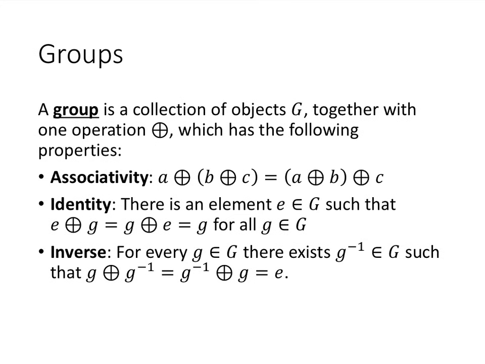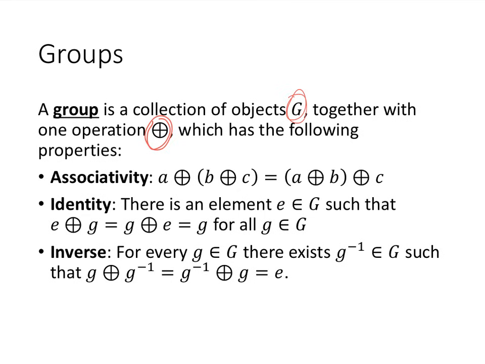So the group is the simplest type of algebraic structure that we're going to talk about, simply because we've got these objects, the set of objects that we're calling G. And then we've got our operation, which I'm calling this sort of plus in a circle. I'm just intentionally using an unfamiliar symbol there, just to indicate that this really could be any operation. It could be addition, but it could also be multiplication, it could be something else. So just some operation, we have to have a symbol for it, so I'm using this plus in a circle symbol.